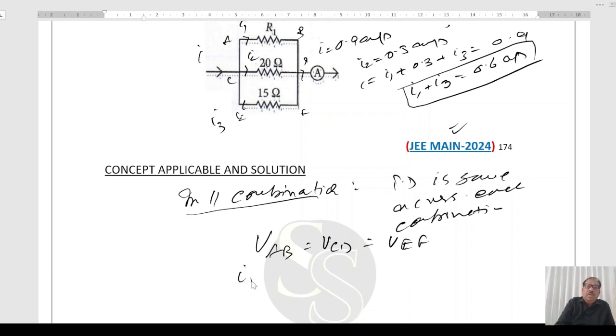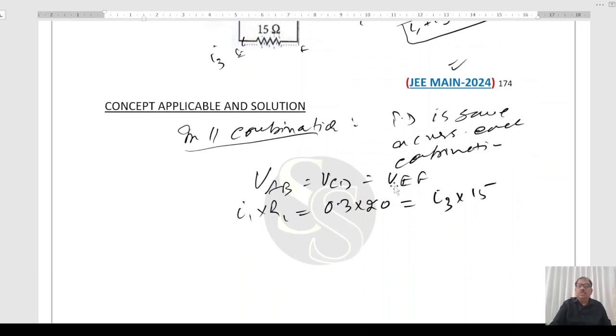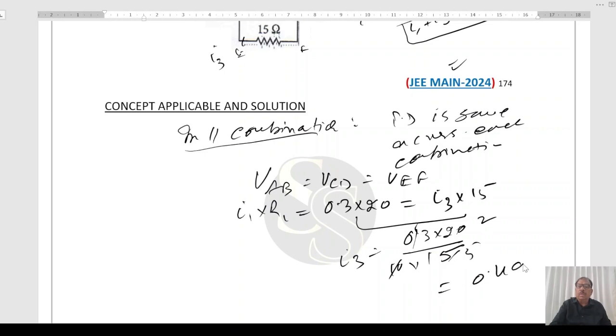That is I1 into R1 equal to I2, which is 0.3 into 20, equal to I3 into 15. Using this relation, I3 comes out to be 0.3 into 20 divided by 15, that is 0.4 ampere. I3 comes out to be 0.4 ampere.